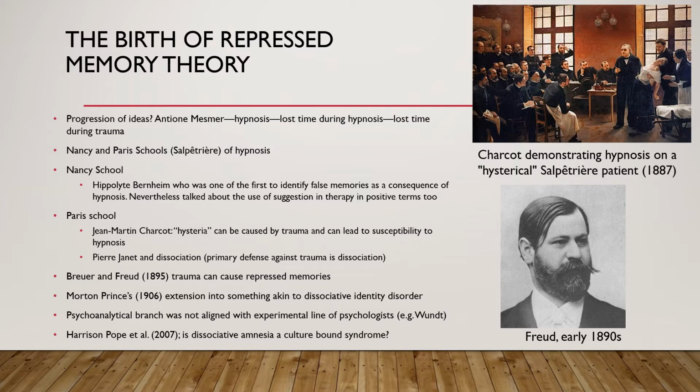Now, hand in hand with that kind of skepticism that I've just put forward goes the Harrison Pope study in 2007, where he asked the question, is dissociative amnesia a culture-bound syndrome?